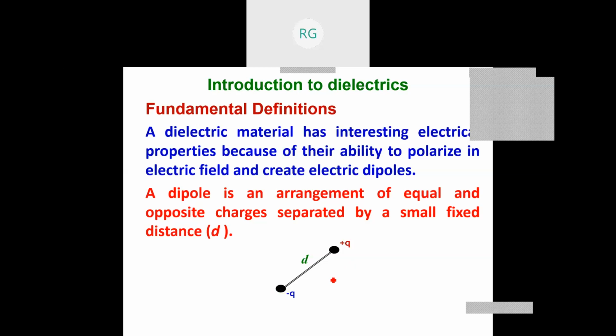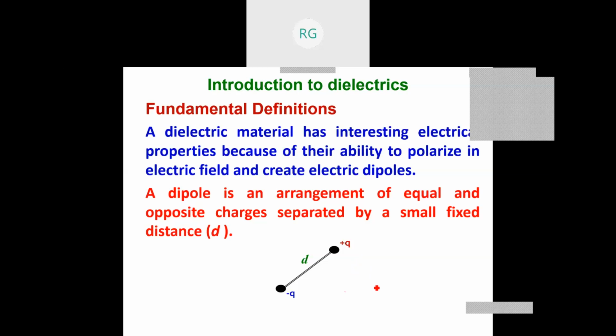Some of the materials do have intrinsically electric dipoles. Some of the insulating materials don't have this, but they may acquire electric dipoles when they are placed in an external field. Thereby, you know that every dielectric material will have a dipole moment.